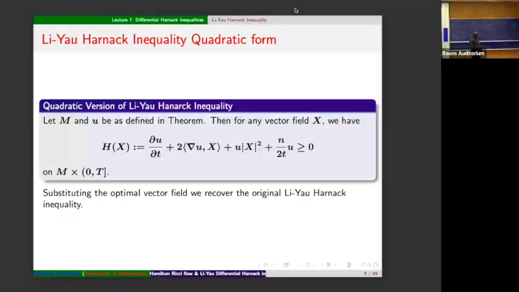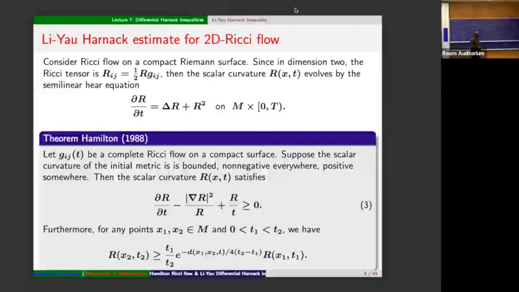Once we have established that scalar curvature under 2D, which is very easy to see, satisfies this, then how will scalar curvature evolve under maybe higher dimension, or maybe dimension 3 to start with, or higher dimension, so that we can have this type of Harnack inequality. This Harnack inequality is going to help us to put the control, okay, just like we use some derivative estimate to get control on the covariant derivatives of a curvature tensor.